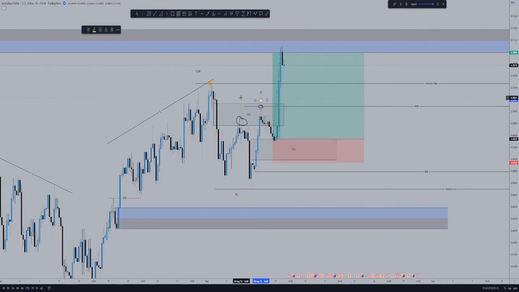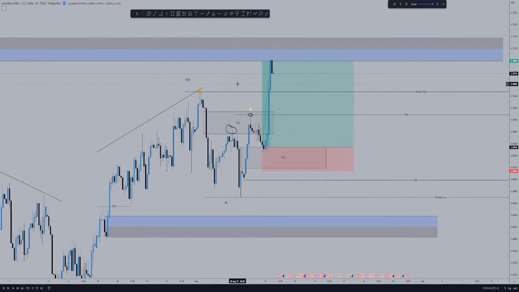This symbol identifies an intermittent term high. So this basically means that this high is going to be broken soon in this bullish market structure shift model.